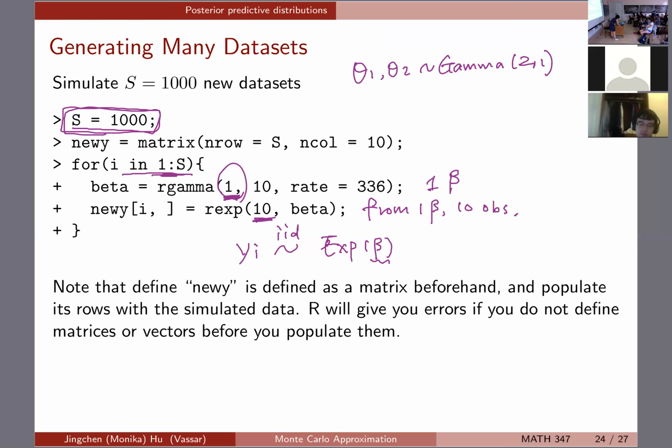Let me see what I had over here. But negative binomial does have 2 parameters.